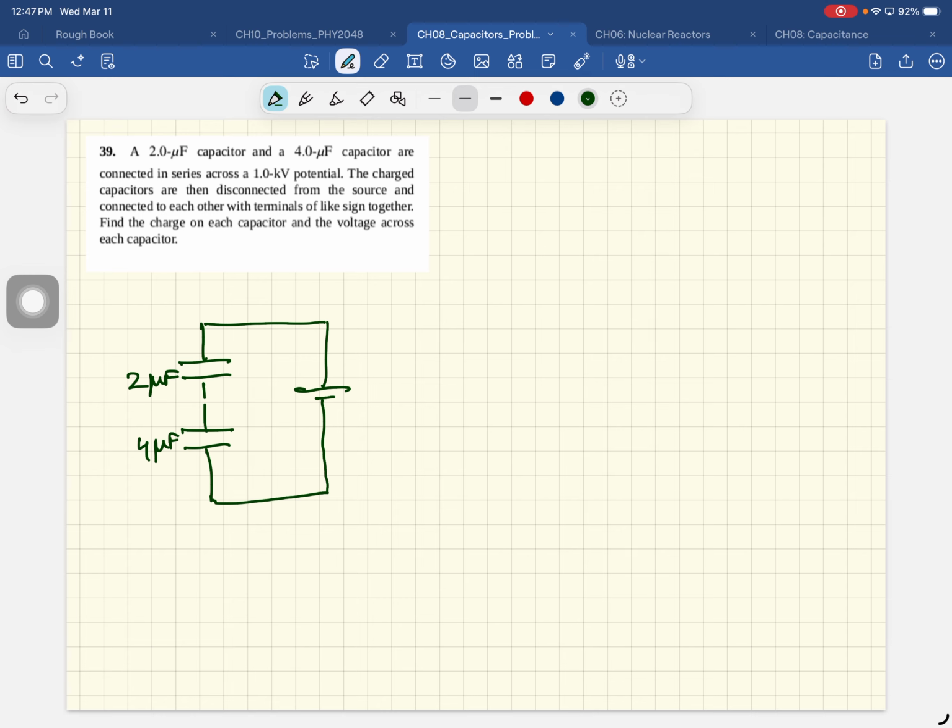So these were in series, and then what you did was you disconnected them and connected them together like that.